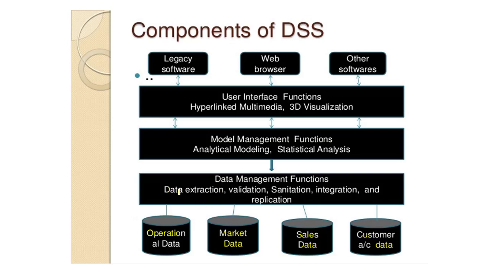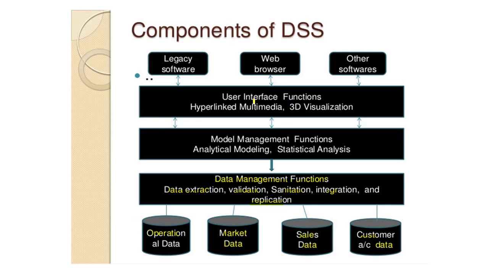First, they have data extraction, validation, sanitation, integration, and replication. So these processes belong to what we call data management functions. After extracting the data, after validating the data, it will go to model management functions, the analytic modeling, or using statistical analysis.